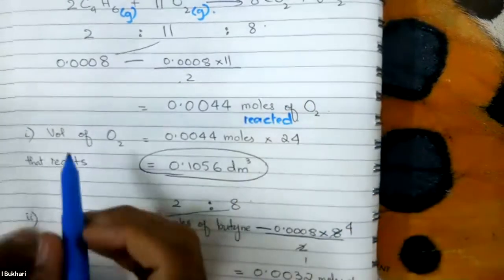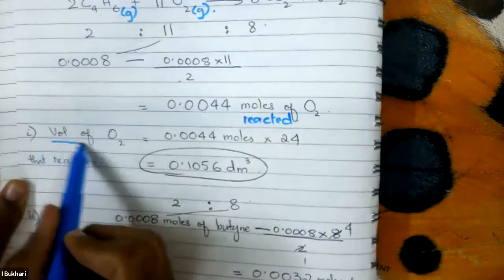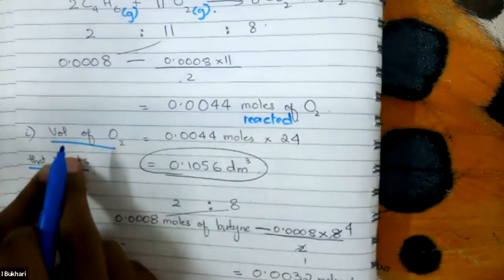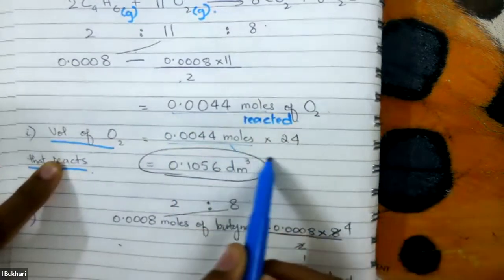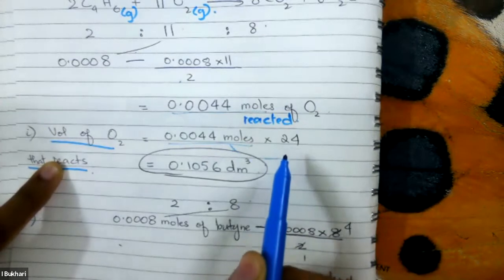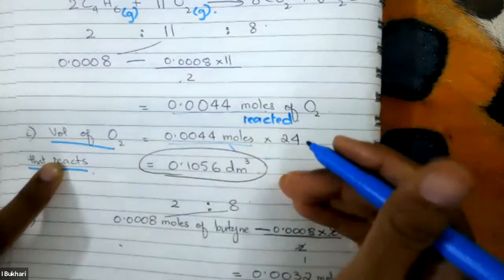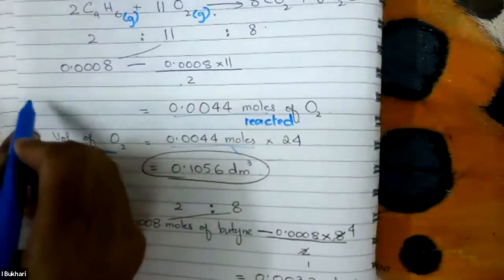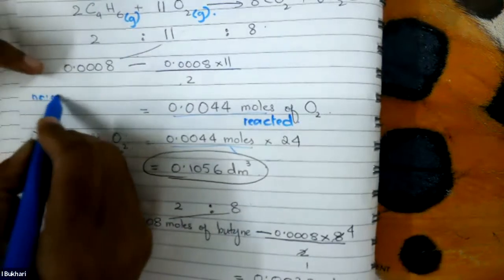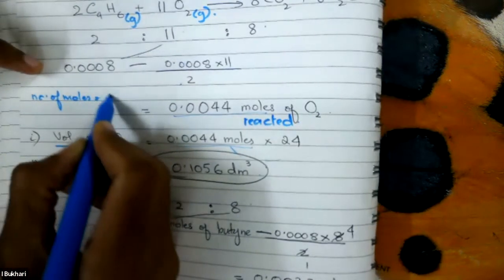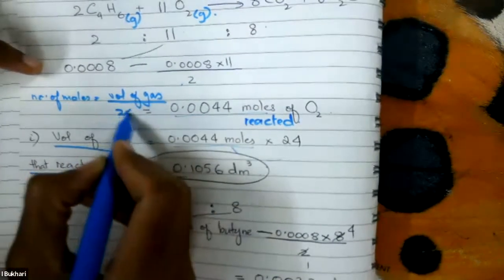So the next question: the volume of oxygen that reacts. Once we know the number of moles, we multiply by 24. I use the ratio method, but let's use the formula: number of moles is equal to volume of gas divided by 24.